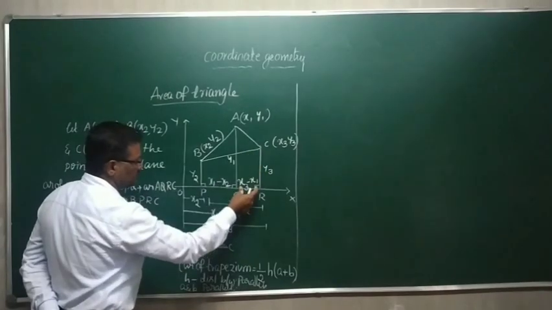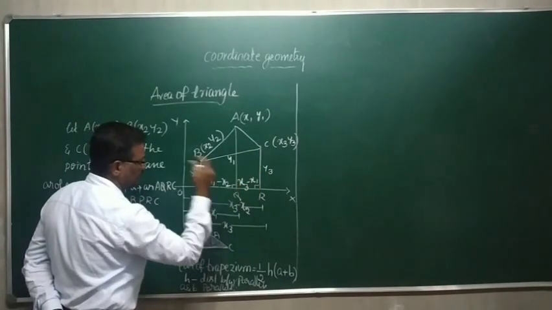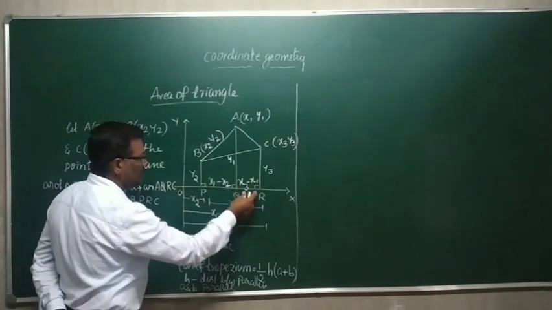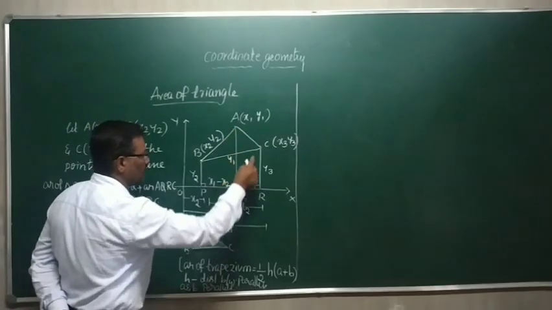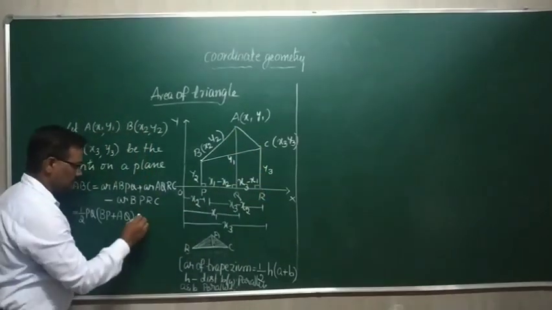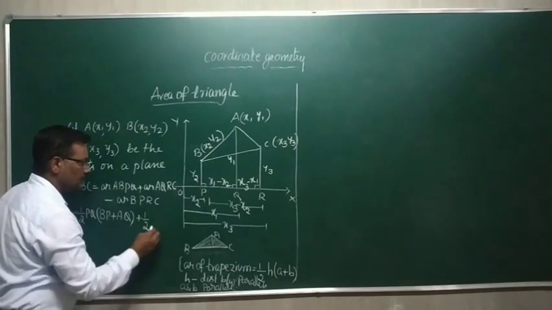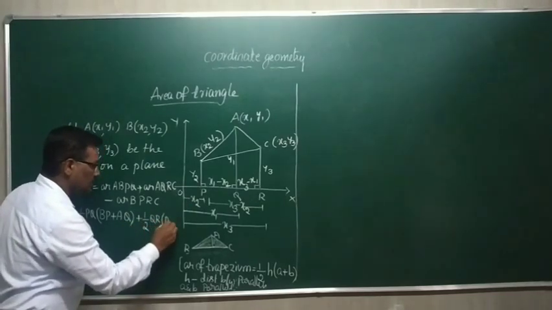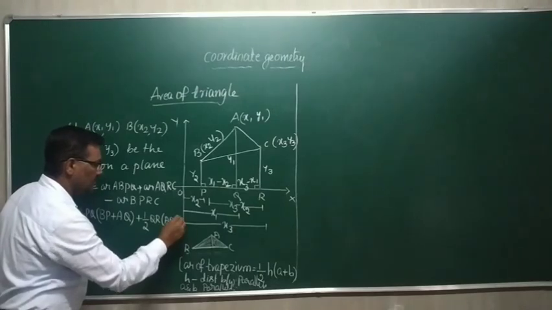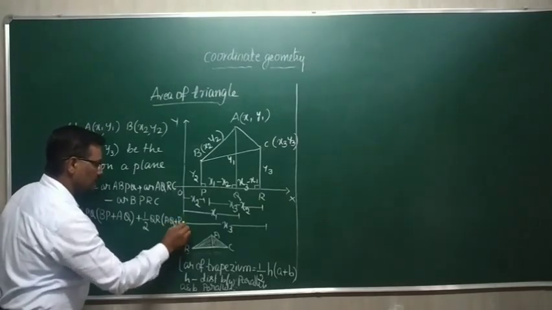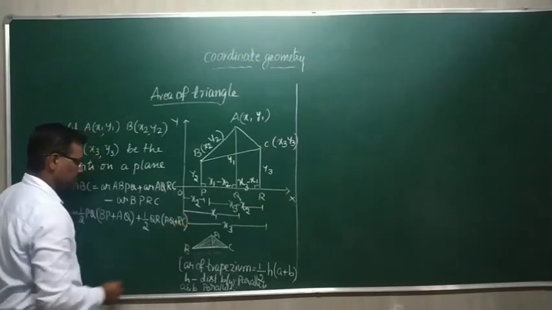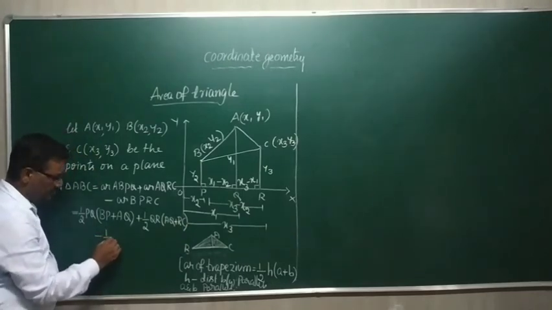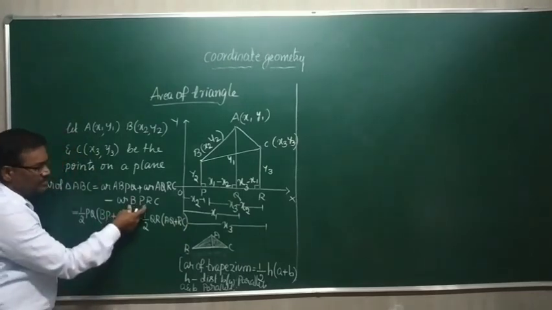AQRC: distance between the two parallel sides, x3 minus x1, that is QR, and the parallel lengths AQ and CR. Half into QR into (AQ plus RC), minus half into the area of BPRC.